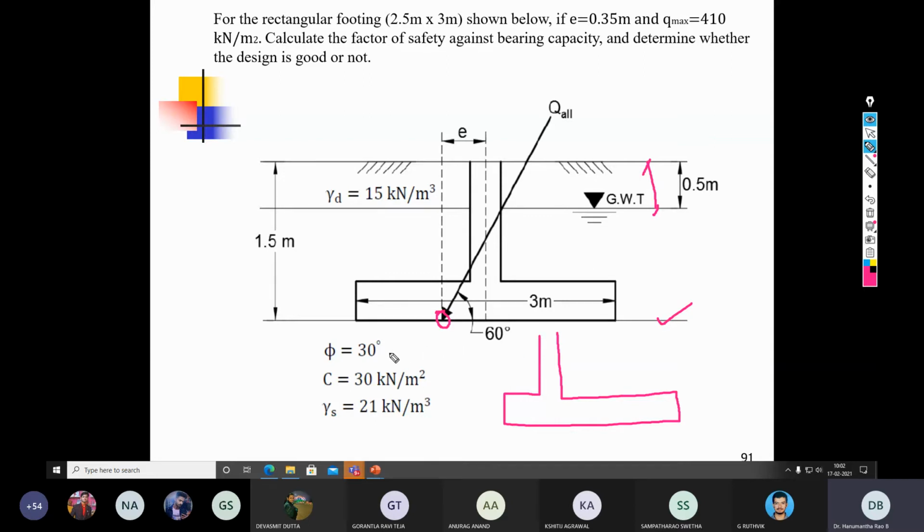Here both phi and C are given, but gamma of soil above the groundwater table is different from below the groundwater table. Above the groundwater table, gamma D is 15 kilonewton per cubic meter, and below the groundwater table, gamma S is 21 kilonewton per cubic meter.